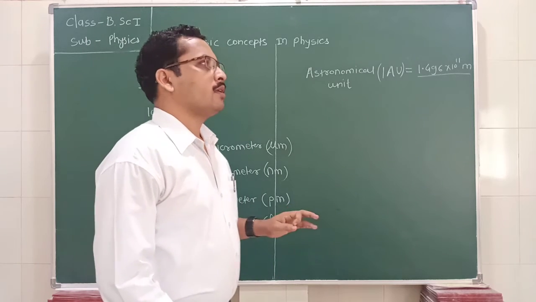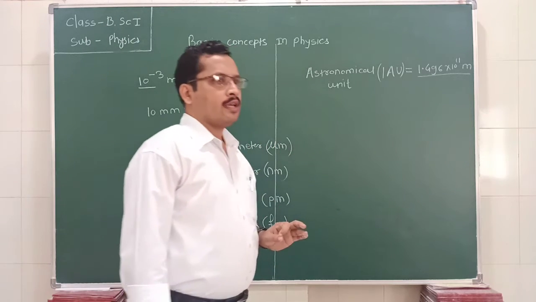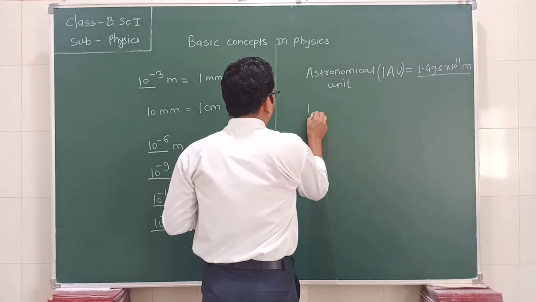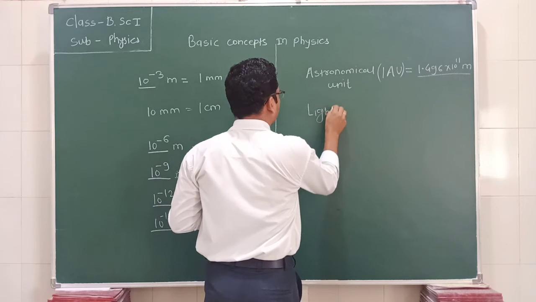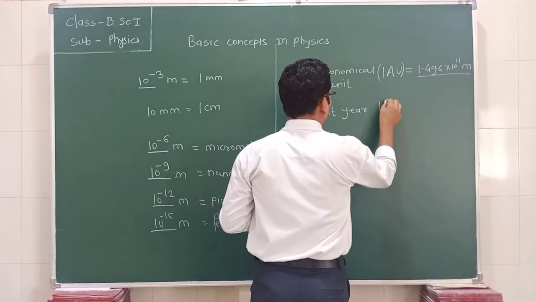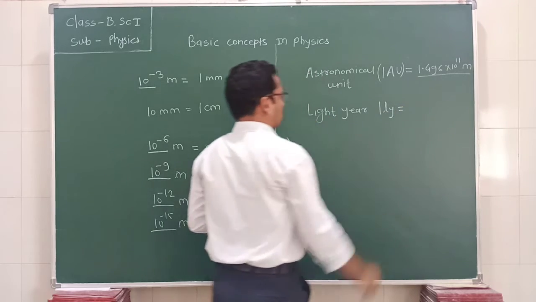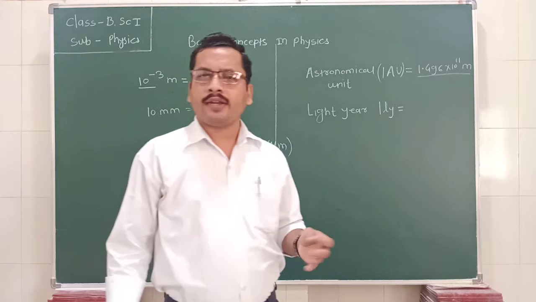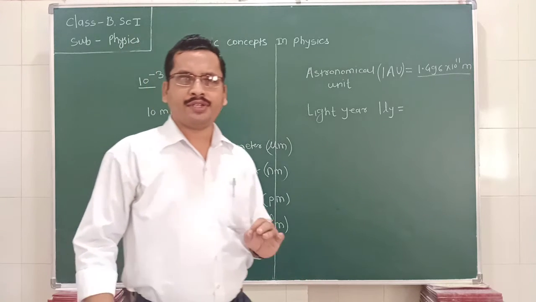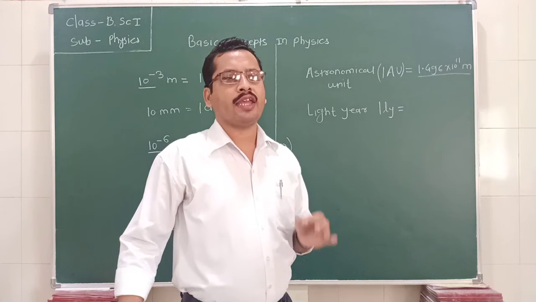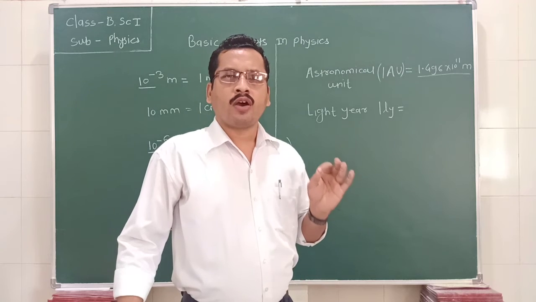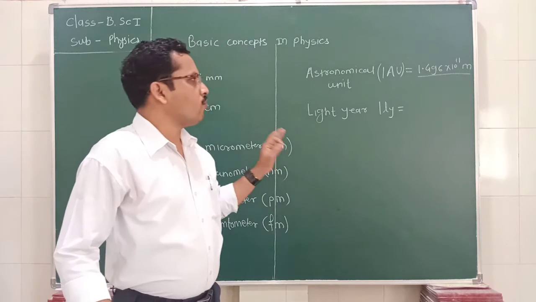Now there is another unit larger than this astronomical unit. We already know it, it is nothing but the light year. What is a light year? A light year means the distance covered by light in 1 year.